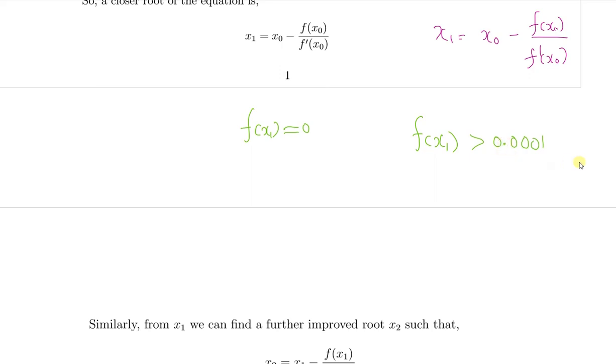If it is not so close to 0, we can take the next approximation. The next solution we can take is x2 is equal to x1 plus h. So what is this next approximate solution? x2 is equal to x1 plus h.